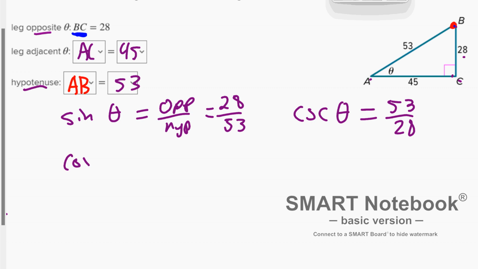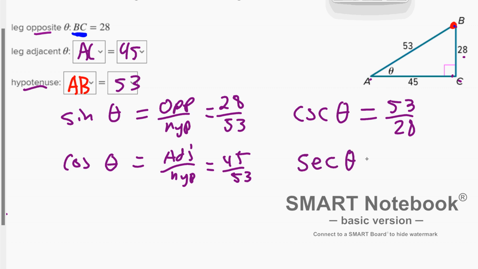Then we have cosine of the angle, which is adjacent over hypotenuse. Adjacent is 45 over hypotenuse again, 53. Then we can do the reciprocal, which is secant, S-E-C, Southeastern Conference, and that is 53 over 45. And then we can do tangent.